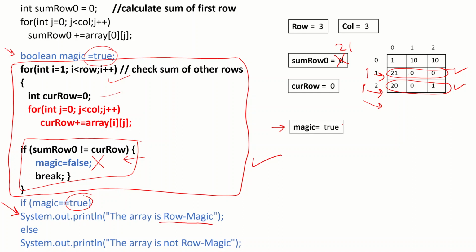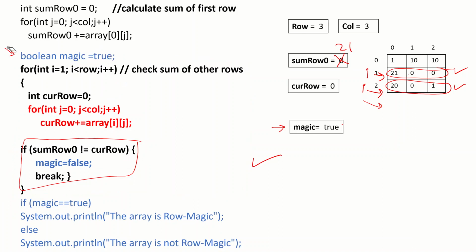Let's repeat it again. Let's change the values so that the summations are not equal. So we have a practice of having not row magic. Let me just remove these, and we will start with another array. Let's assume only a small change.